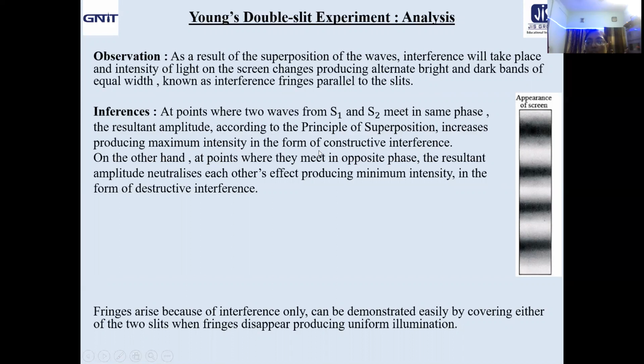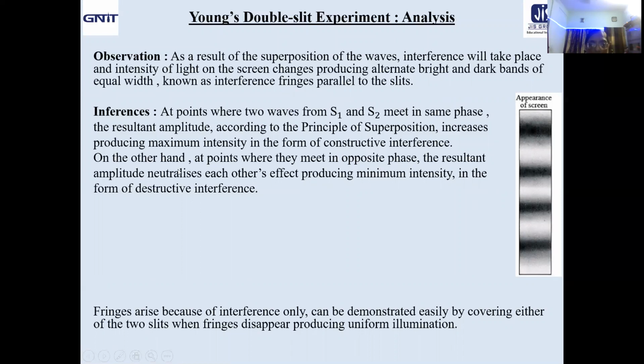That means when two sets of wavefronts meet in the same phase, you will observe constructive interference, and that's why you will get maximum there, because it is a constructive way of superposition of two waves.